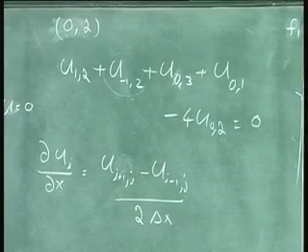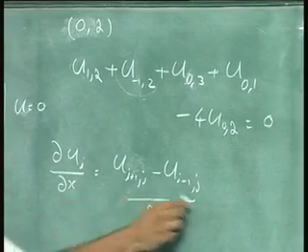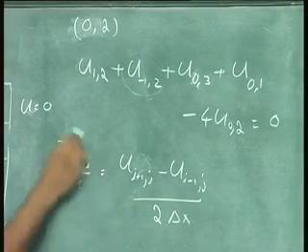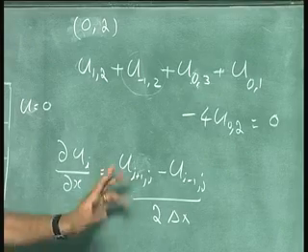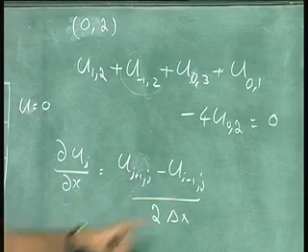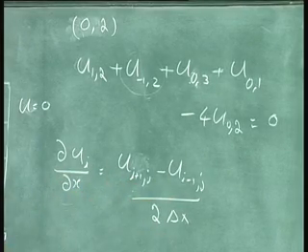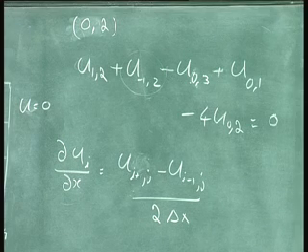This is called the symmetric difference equation for the first derivative, where it's symmetric about i, that is i+1 and i-1, divided by 2 delta x. So I can use this equation here.